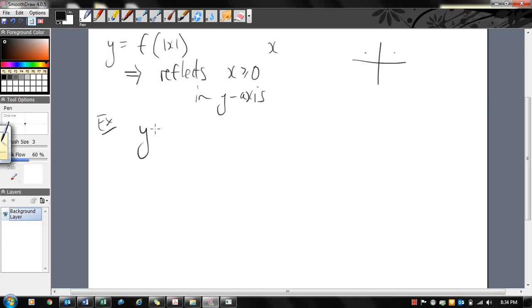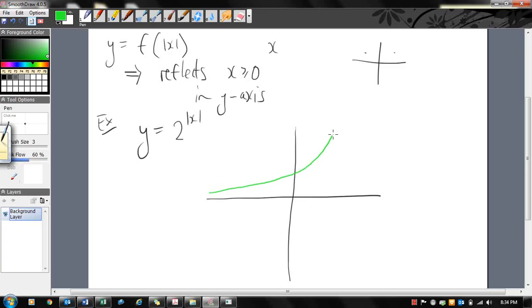So y is equal to 2 to the power modulus x. Let's again draw the function without the modulus. What does that look like? 2 to the power x just looks something like this. That's y equals 2 to the power x. That goes through 1.